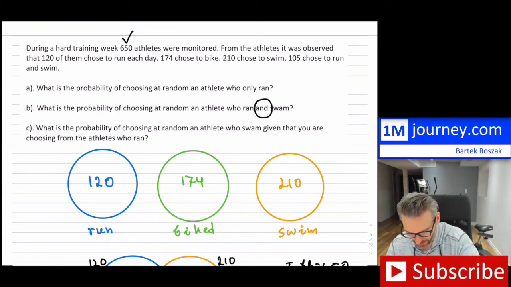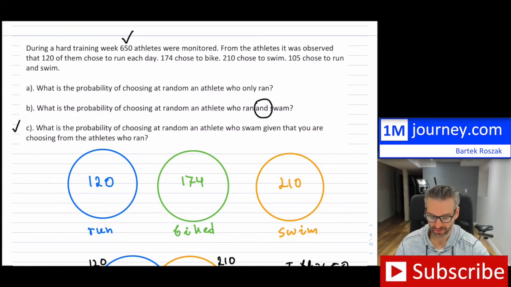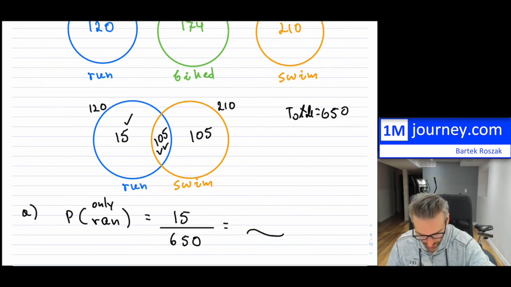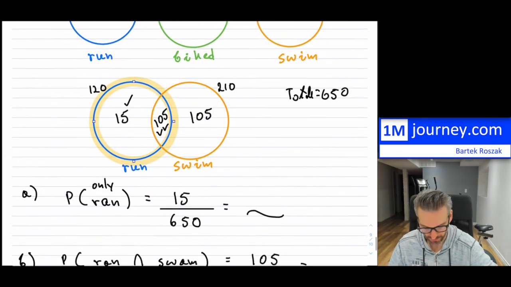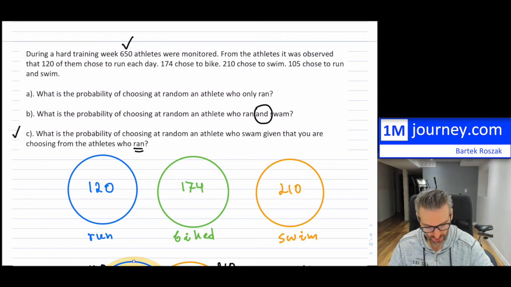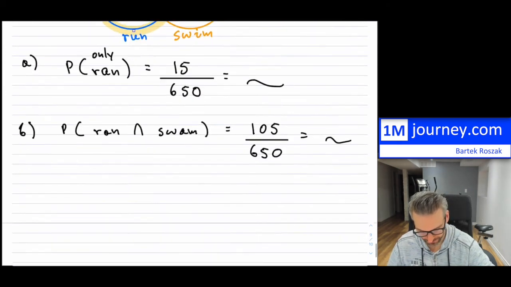Now, what about C? What is the probability of choosing at random an athlete who swam, given that you are choosing from the athletes who ran? So we're going to choose from the ones who ran. So that's these, the ones that ran. And we want to know the probability of those that swam.